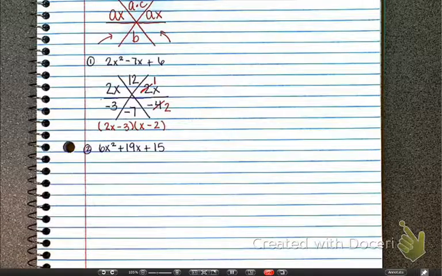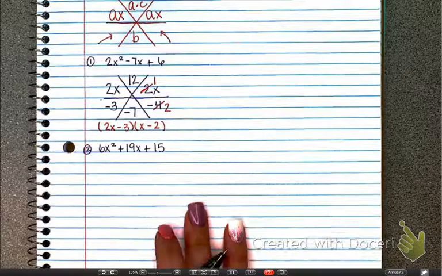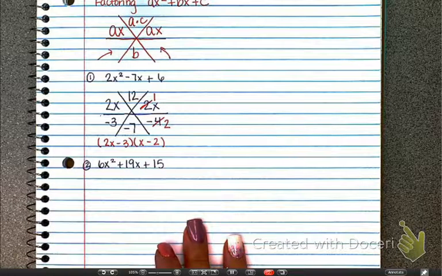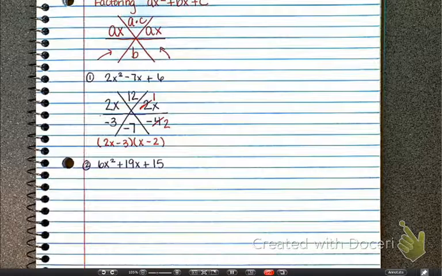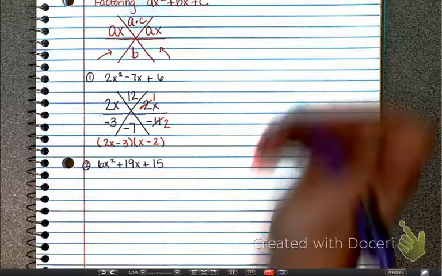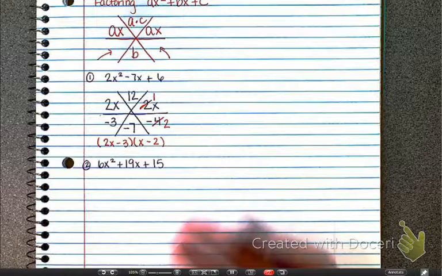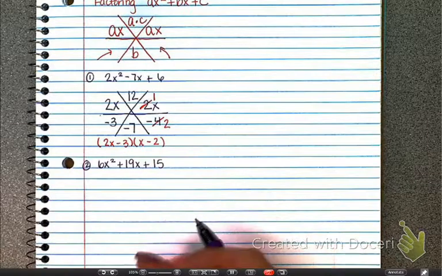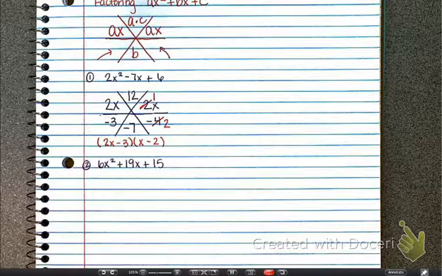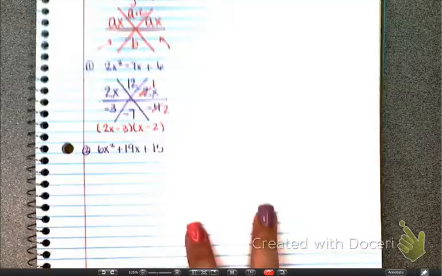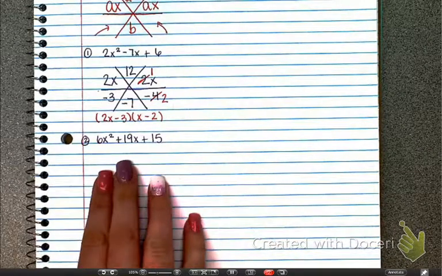So what would be step 1? When we're factoring, what's the first thing? Oh, GCF. GCF, okay? Now, you could probably look at that and say there is not a GCF, but that is the first thing I want you to think about, because sometimes there will be, and it will make your life easier. So GCF is the first thing.